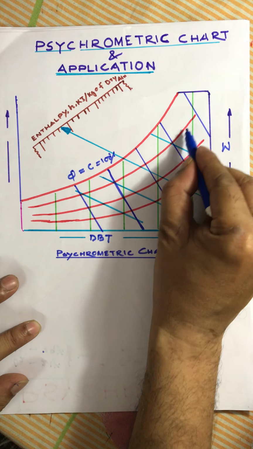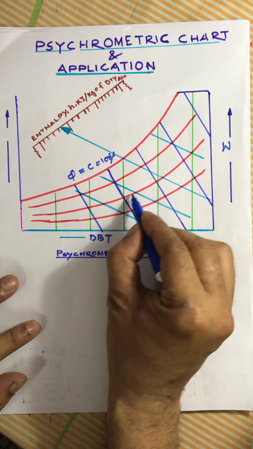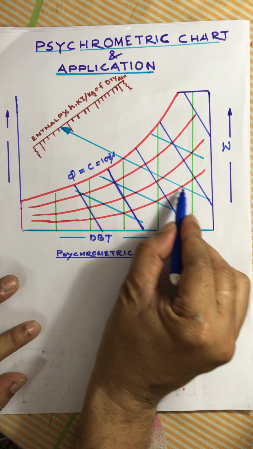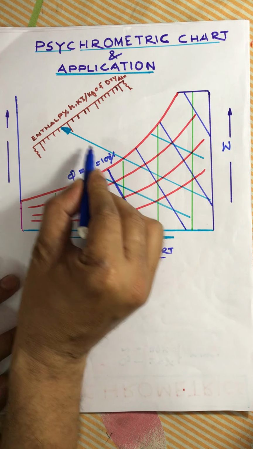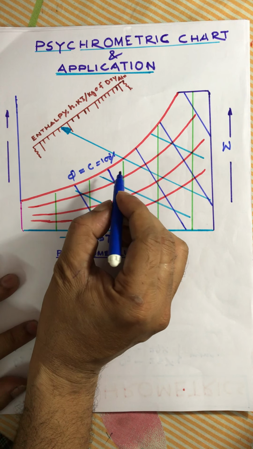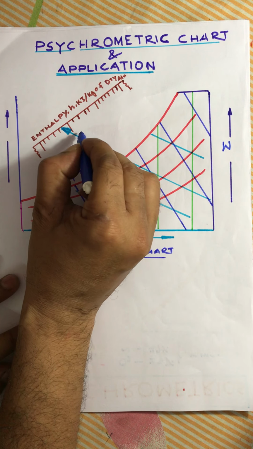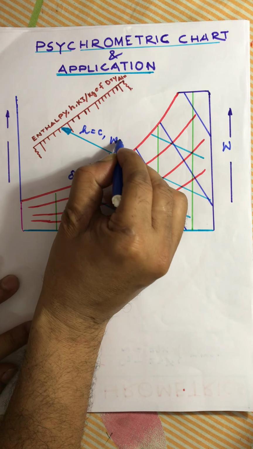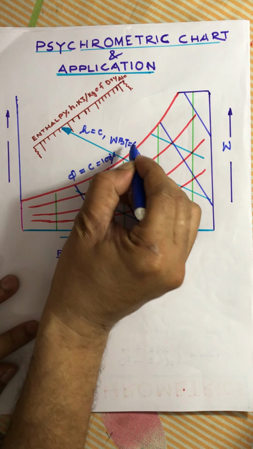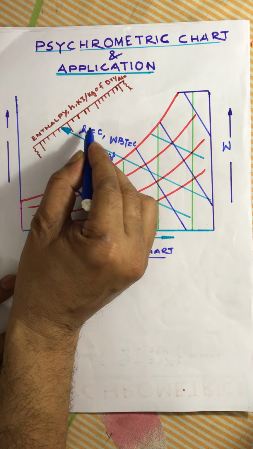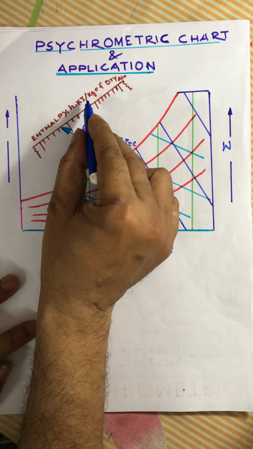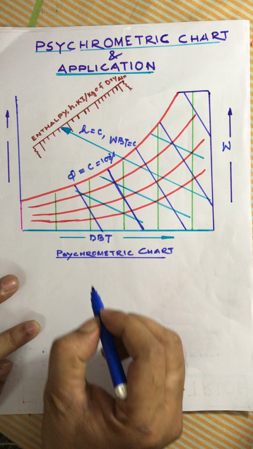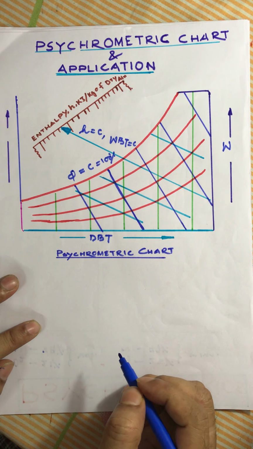So, we can say this red line is constant phi, and this inclined line is representing the constant enthalpy H as well as the wet bulb temperature is constant, and H we can get from this scale in kilojoule per kg of dry air, and dry bulb temperature in degree Celsius.